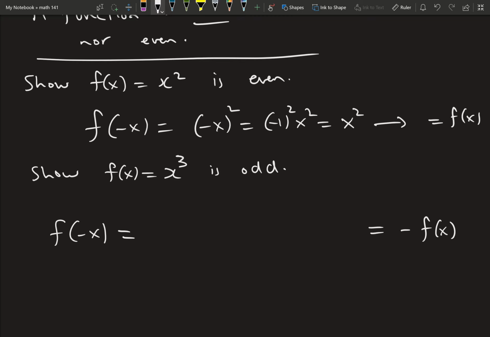Well, what do we have? We have negative x quantity cubed, which is negative 1 cubed x cubed, and that's just negative x cubed, because negative 1 cubed is negative 1, and that is exactly negative f of x.